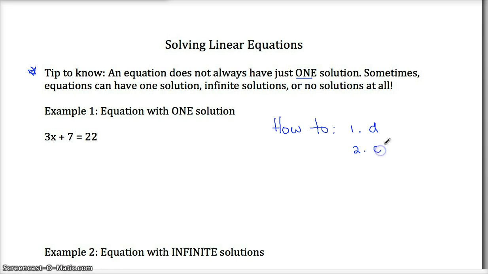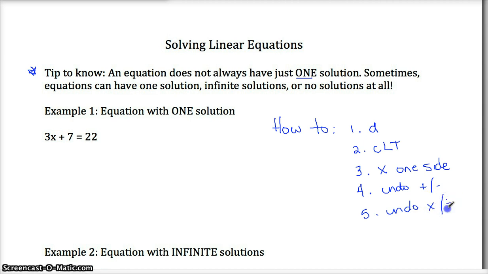Then you're going to combine like terms, and then make sure the x, or just the variables, are on one side. Then we're going to undo addition and subtraction, and then undo multiplication and division. So the same steps still apply for these problems.